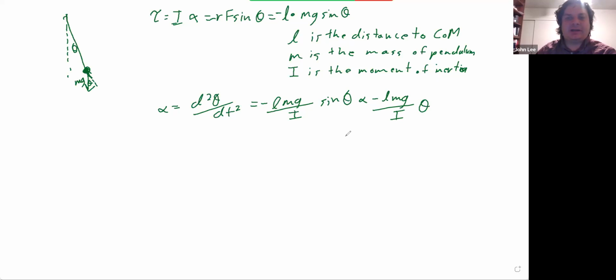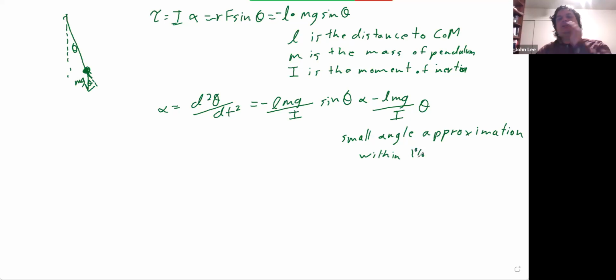This is called the small angle approximation, and it's good within 1% up to about 15 degrees.